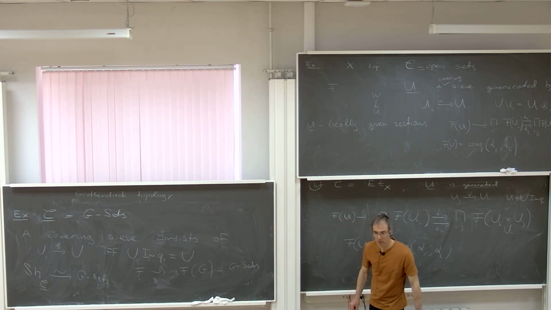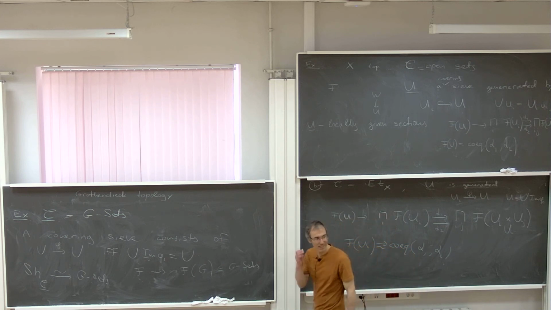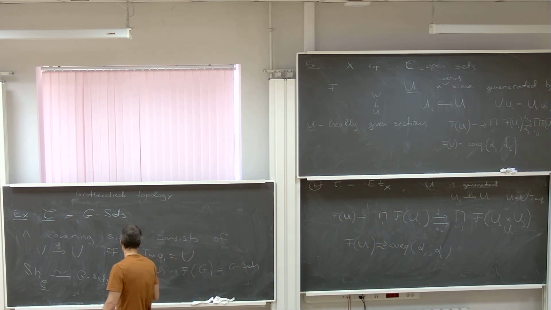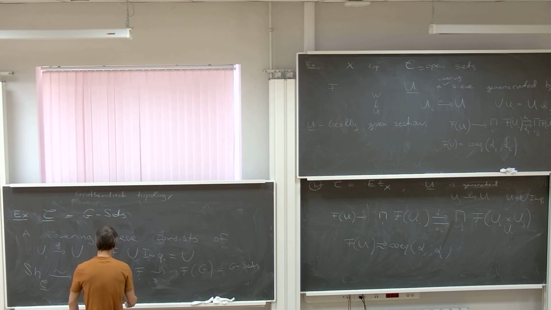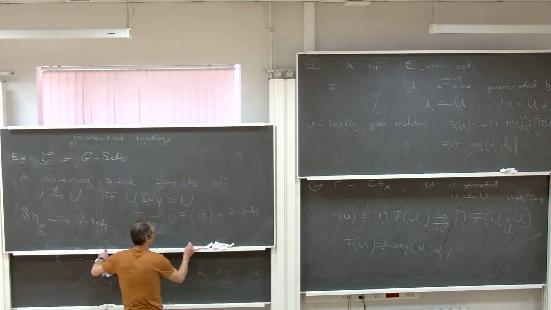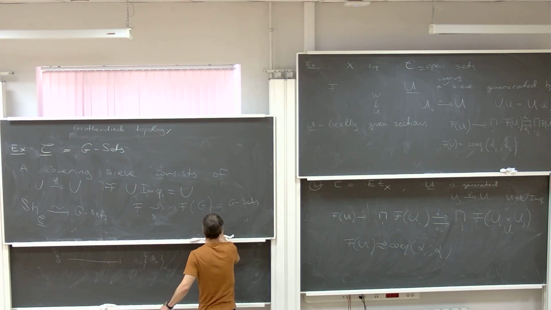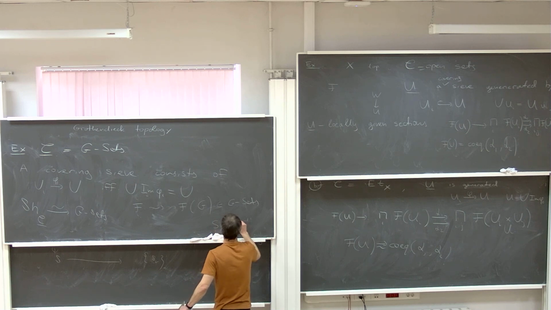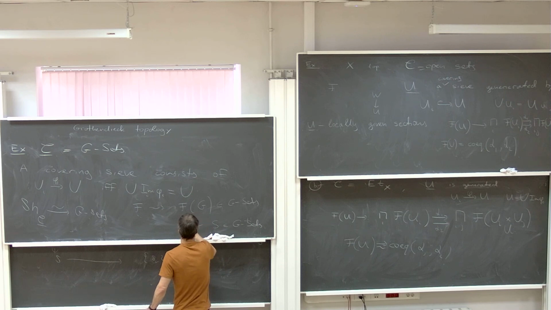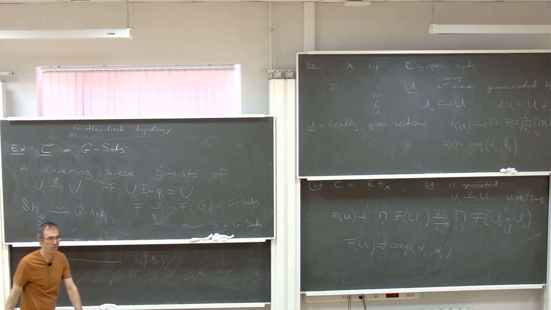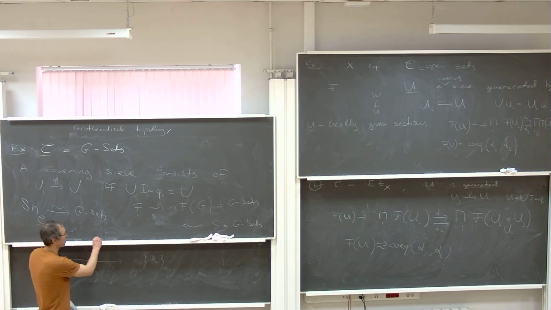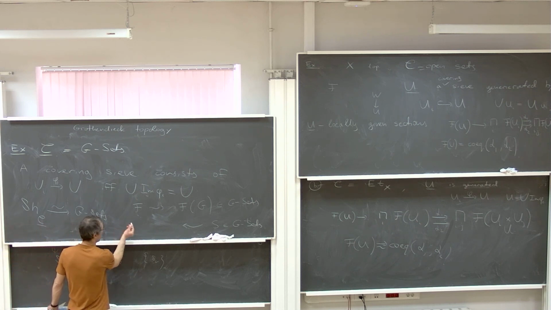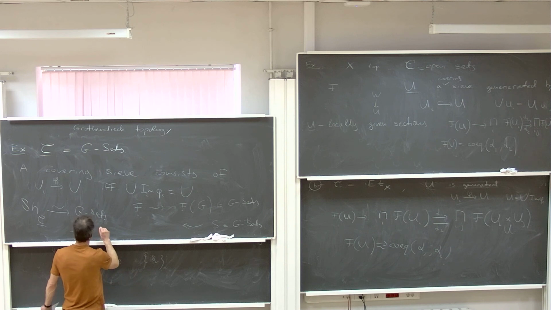Now let's produce a functor in the other direction. Suppose you have a G set S. So how to construct a sheaf? You can take the representable functor.